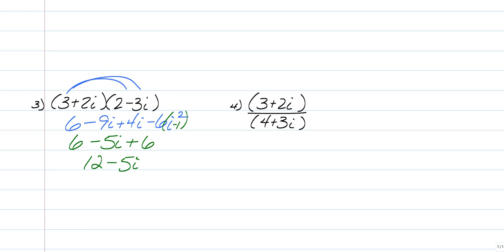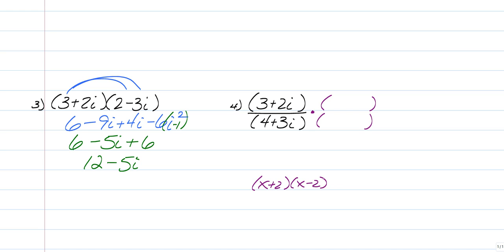So to get rid of an imaginary number in a denominator, what you need to do is multiply the top and bottom by what is known as a complex conjugate. So let me just first tell you what a conjugate is. Watch this. So let's just say that we had x plus 2 and x minus 2.